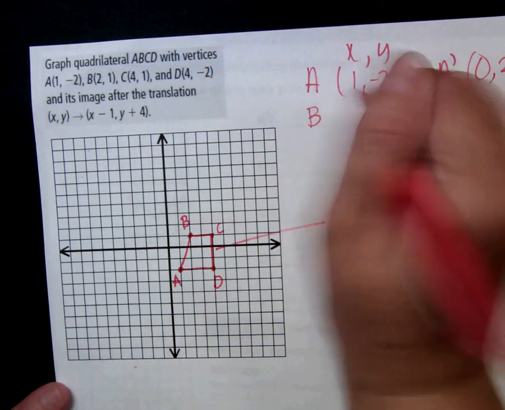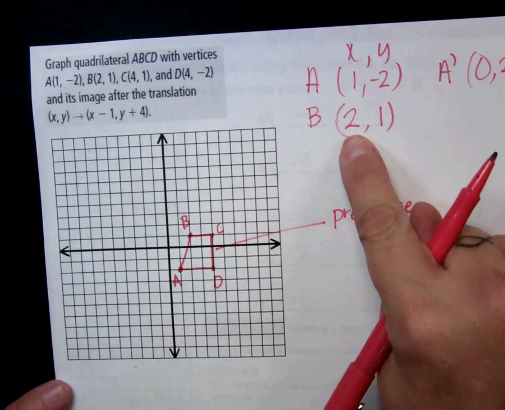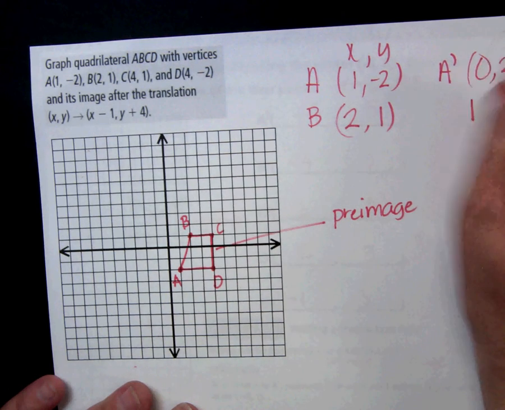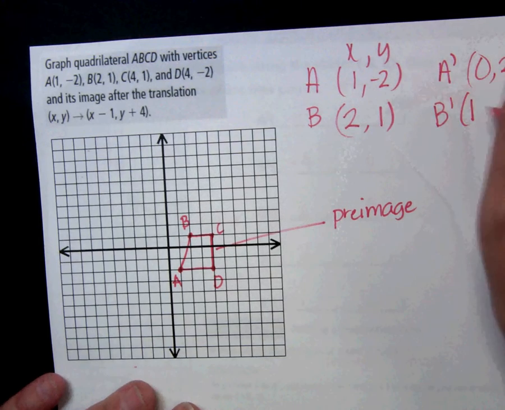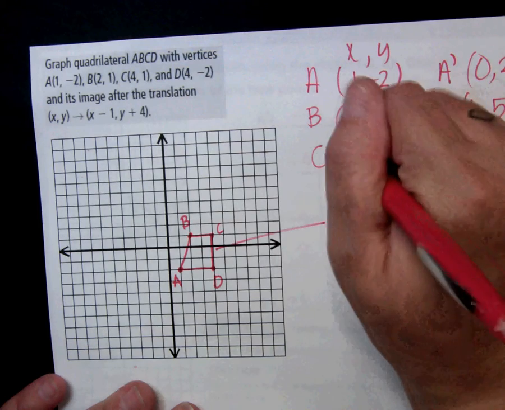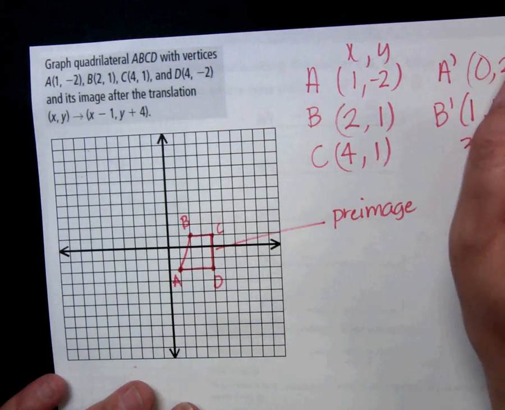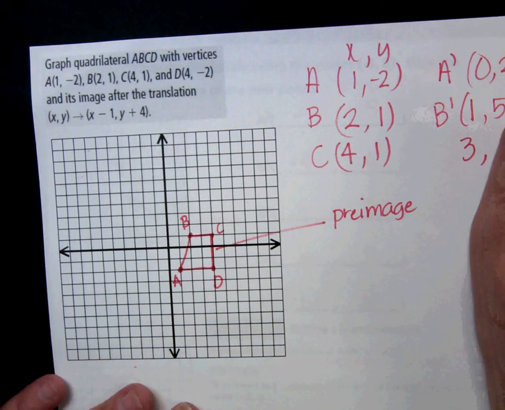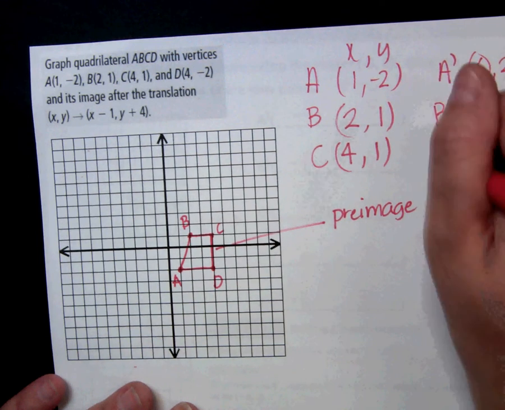Now we have our B, same thing. That is what they gave us, but we're going to go ahead and subtract 1 from our x and get a 1. And we're going to then add 4 to our y and get a 5. Our C is 4, 1. If we subtract 1 from the x, we will get 3. And we are going to add 4 to that one and get 5 for our C prime.